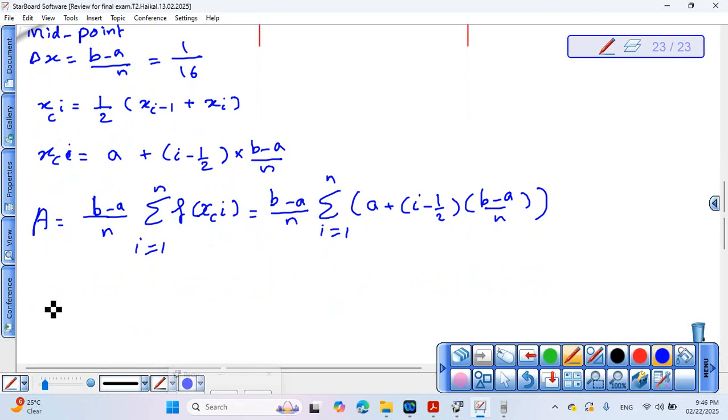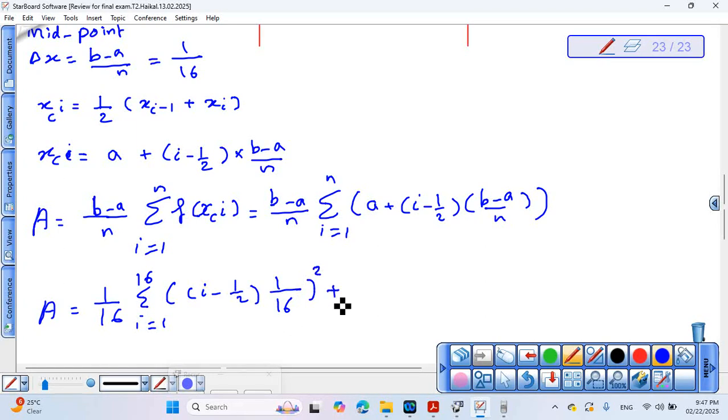Now just substitute. This is equals (b minus a) 1 over 16, summation from i equals 1 to 16, a is 0. This is (i minus half) times 1 over 16, squared, plus 1.